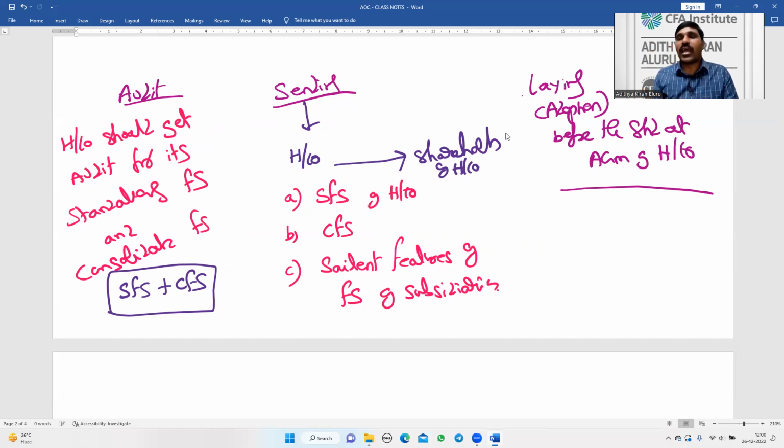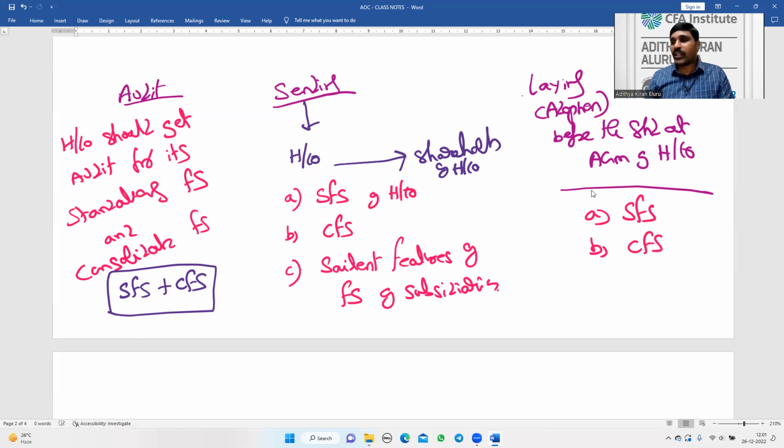Laying means adoption, acceptance of financial statements by the shareholders at the AGM. What is meant by laying and adoption? Producing before the shareholders and acceptance by shareholders at the AGM. Only 2 things: standalone financial statements as well as consolidated financial statements.